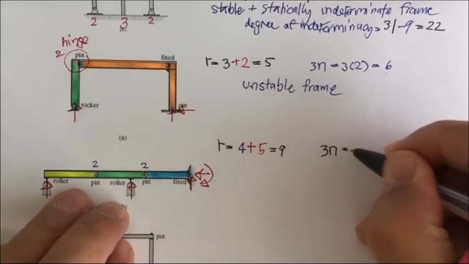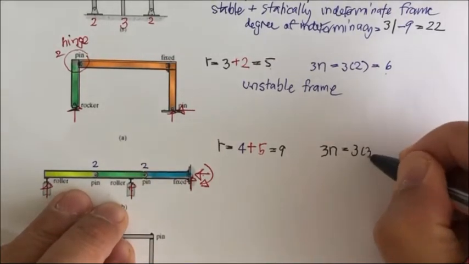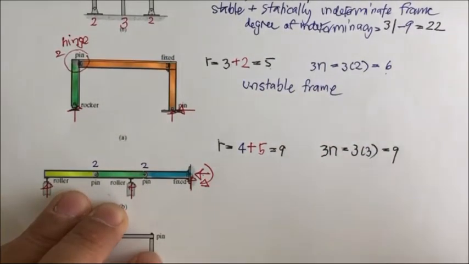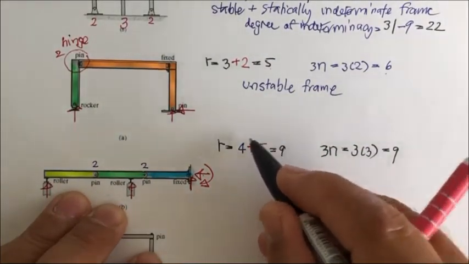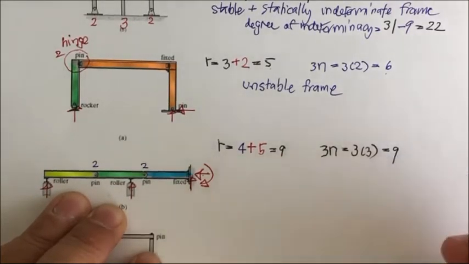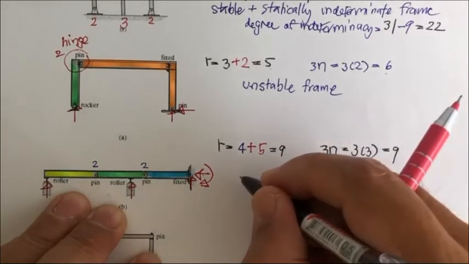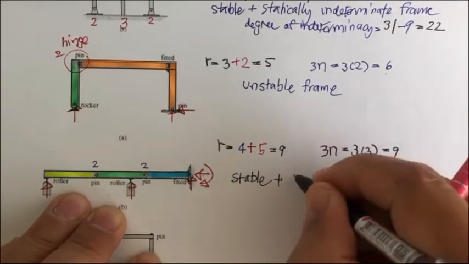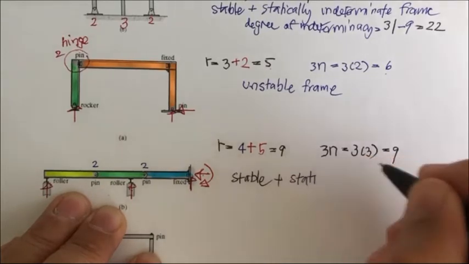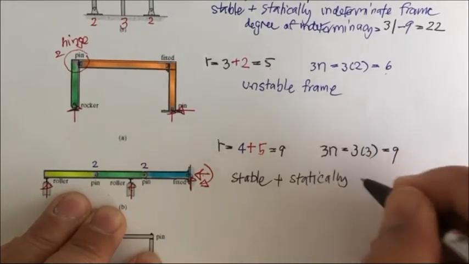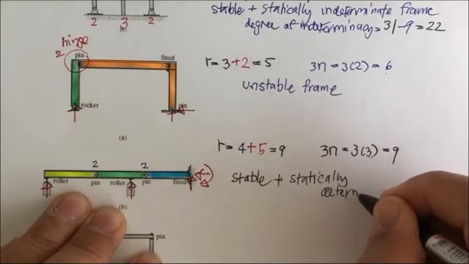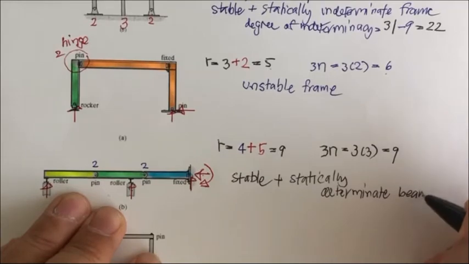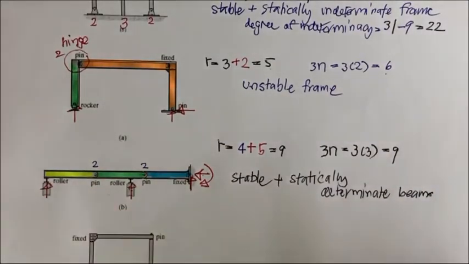So the total number of equations of equilibrium is going to be 3 times 3, which is 9. Since the unknowns are equal to the equations of equilibrium, this structure is going to be stable plus statically determinate, and a beam.